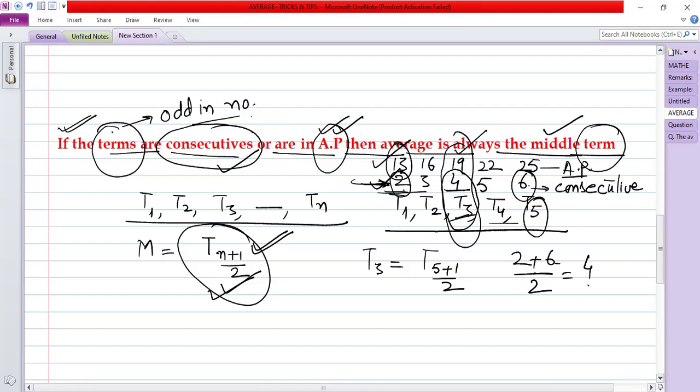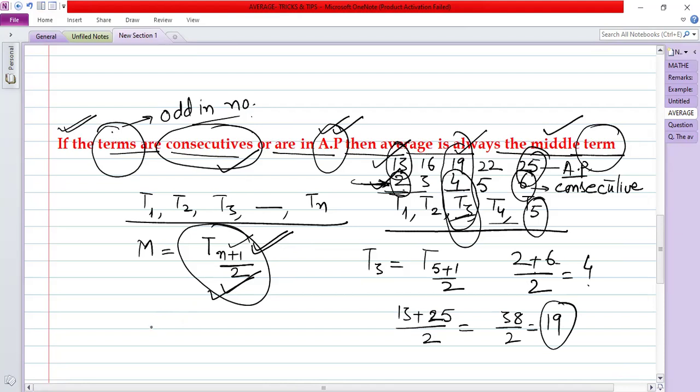Even here, the first term is 13 and the last term is 25, so 13 plus 25 is 38, divided by 2, and that's 19. So this is the case if our terms are odd in number: there will be only one middle term, the (n plus 1) divided by 2th term.